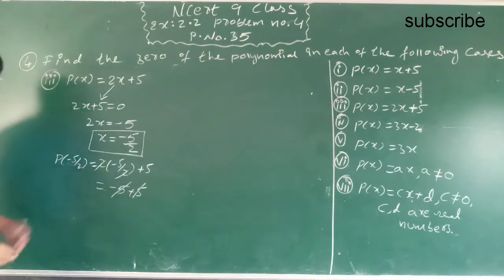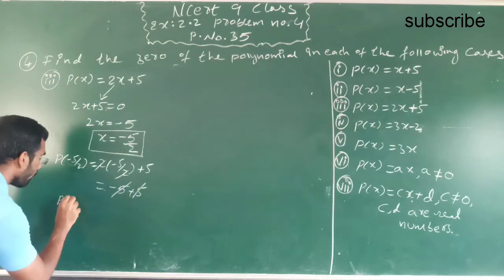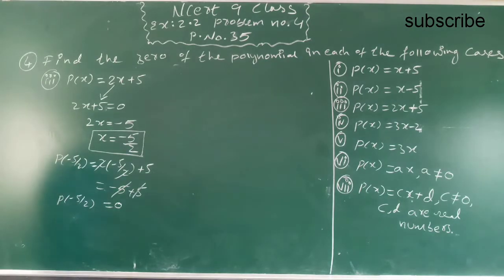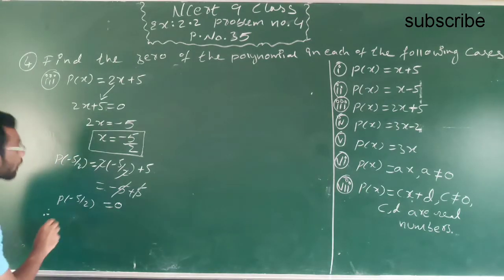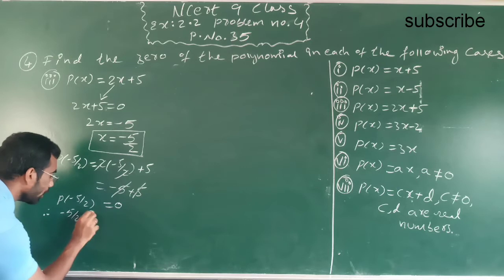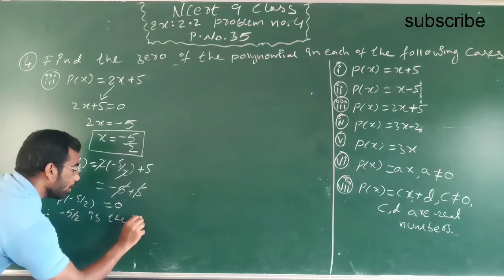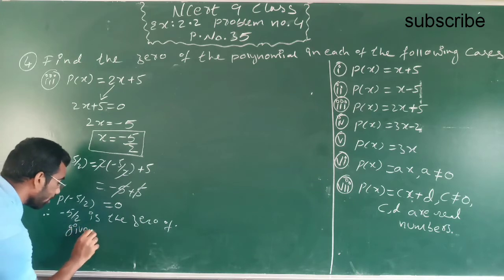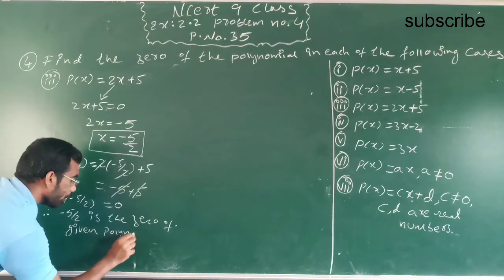Minus 5 plus 5 cancel. It remains P of minus 5 by 2 is equal to 0. Therefore, minus 5 by 2 is the zero of the given polynomial.